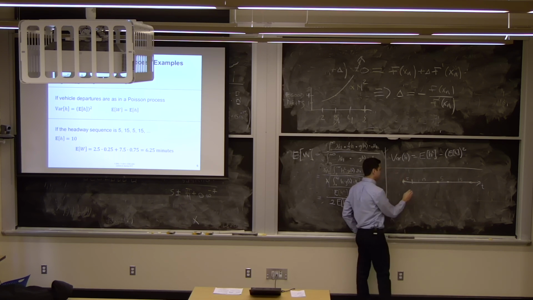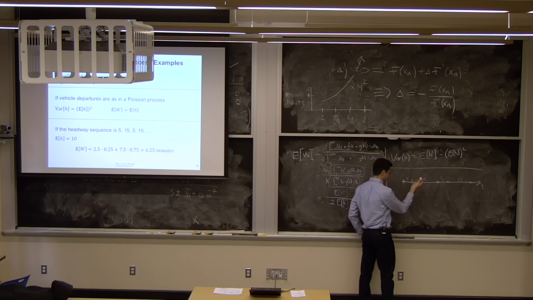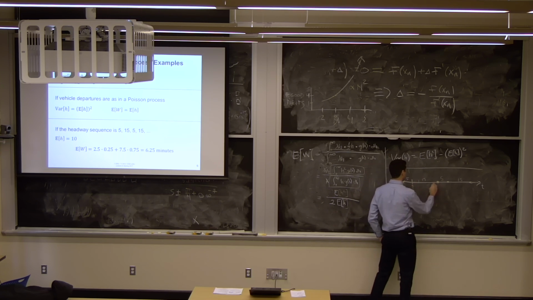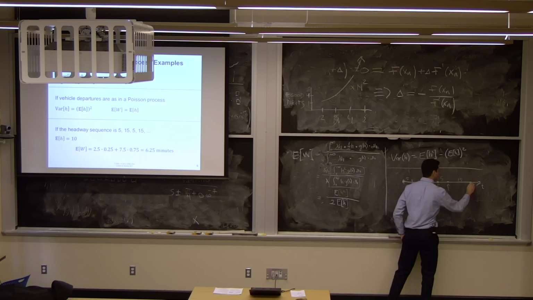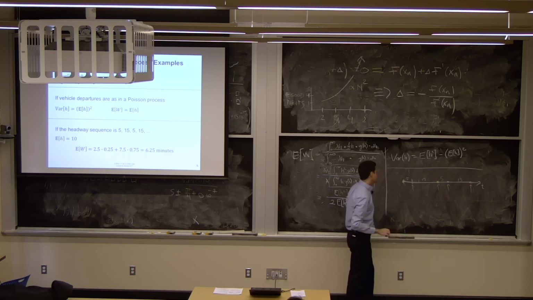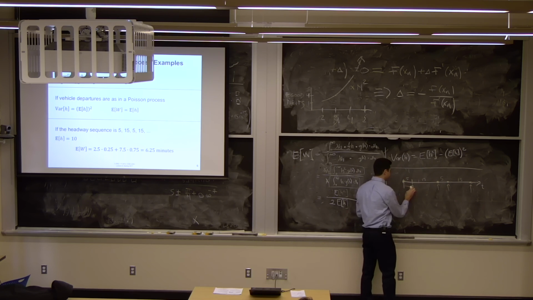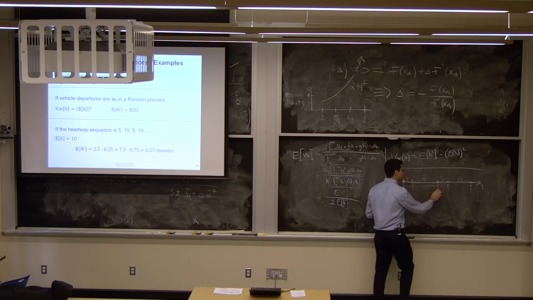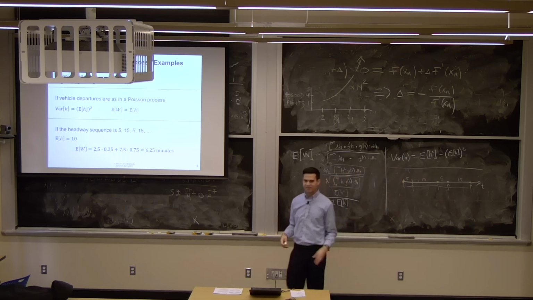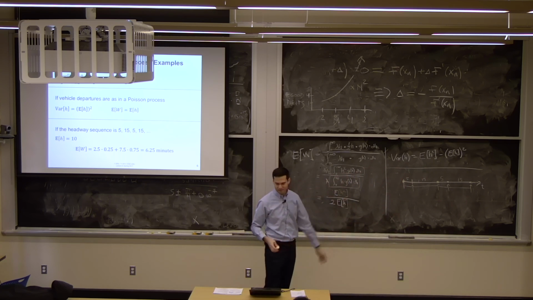So we have vehicles arriving or departing here, here, here, and here. And there is a 5-minute headway here, a 15-minute headway here, a 5-minute headway there, and a 15-minute headway here. And people are arriving randomly. People arrive independent of this process, right?